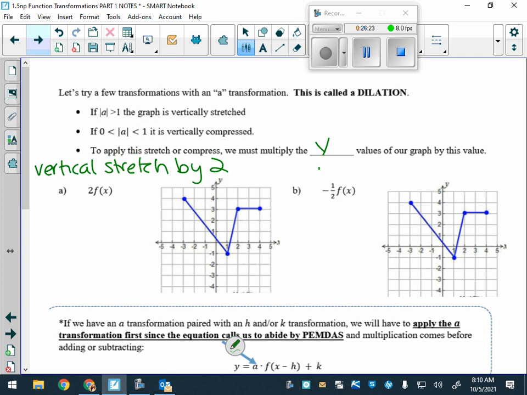Okay? So if I have -3, 4, what would be my new point? Lucy? -3, 8. Should be up here somewhere. Okay? Then I have 1, -1. What would be my new point?